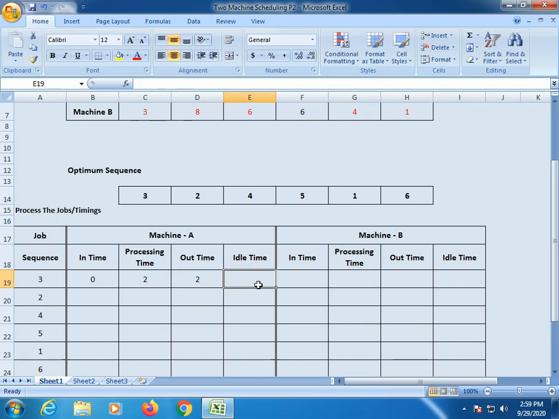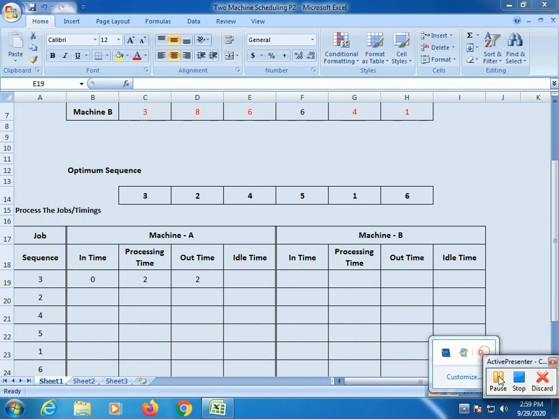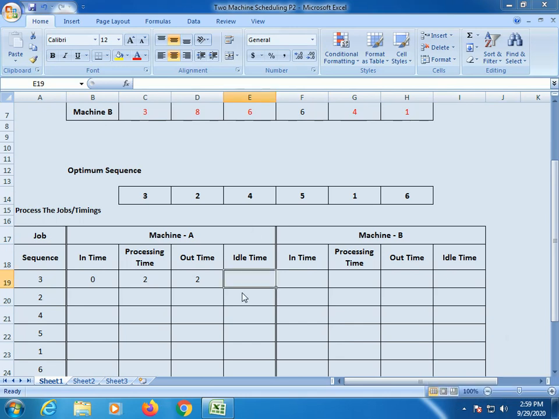Then we have to calculate the idle time. So how do we calculate the idle time? The idle time is nothing but how much time the machine waited for the job.